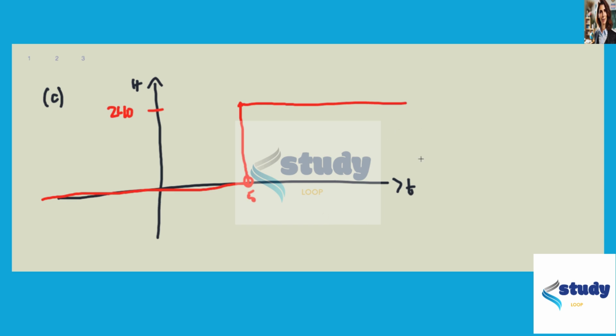So this will be the equation V of t equals 240 times H of t minus 5, since there's a horizontal shift, and this is applied when t is greater than or equal to 5 and 0 otherwise.